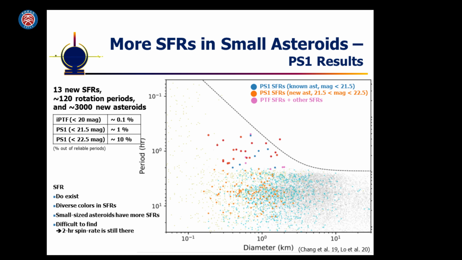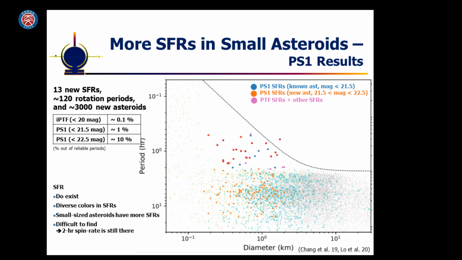Anyway, okay, so after dealing with the known asteroids, we started to dig out the new asteroids, and we have a pipeline to find asteroids between 21.5 and 22.5 magnitude. There are 3,000 new asteroids we found, but because they are very fast, we only got 120 rotation periods.